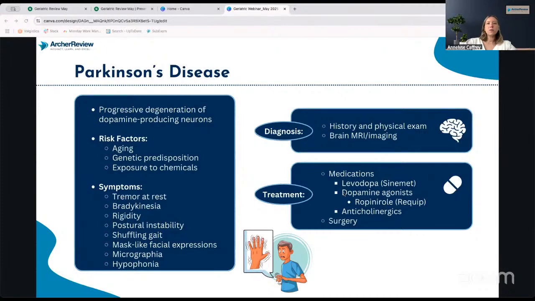And we do treat this with levodopa and then dopamine agonists like ropinirole. Anticholinergics are a treatment for this one, which is weird because remember, for dementia, 100% do not prescribe an anticholinergic. They are used in Parkinson's disease. Sad thing about Parkinson's disease is that, like the other ones we talked about, these medications work for a little bit, and they'll slow the disease progression.